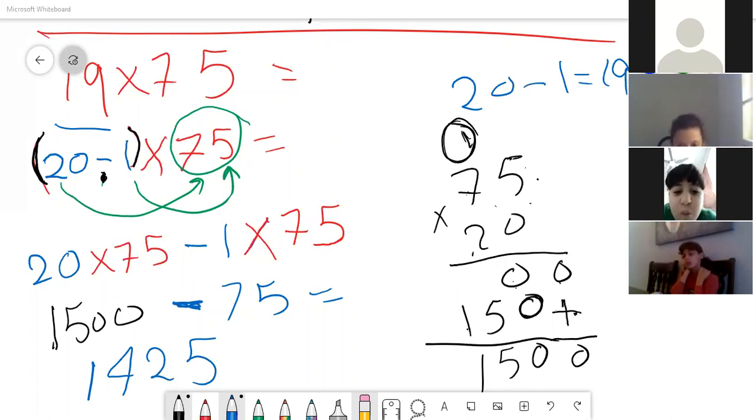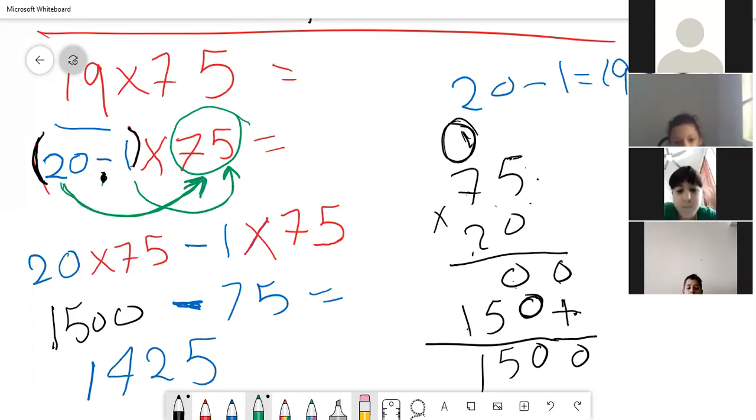Teacher, why do we put minus 75? Where is minus 1? So you didn't get the idea yet. We said that we multiply the 20 by 75. This is 20 times 75.